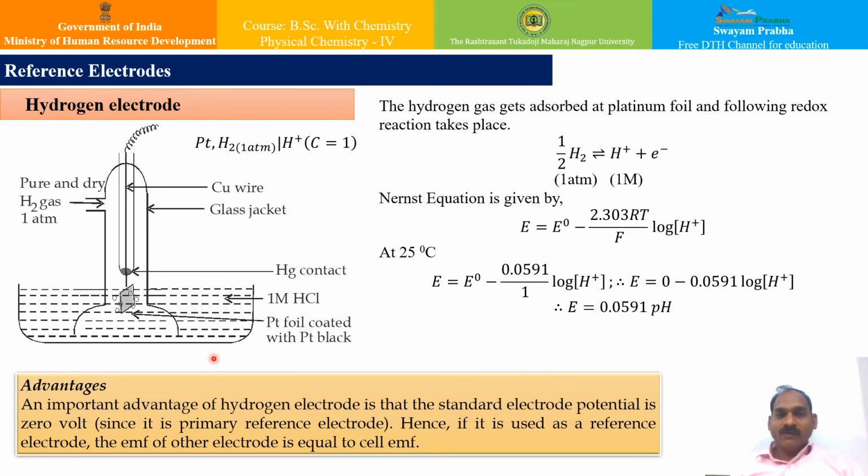Now, if I talk about the hydrogen electrode, it consists of a glass jacket containing a glass tube; you can look at this figure.